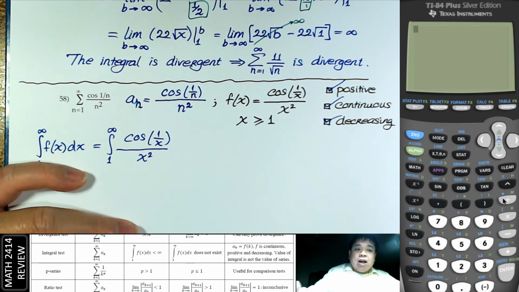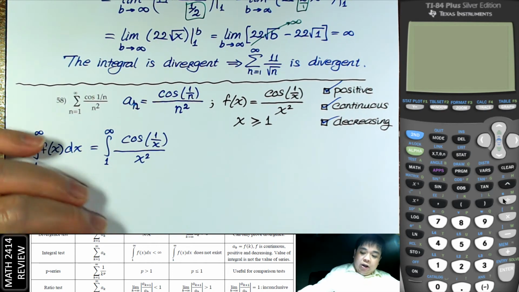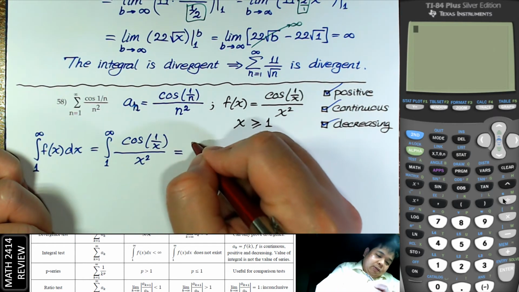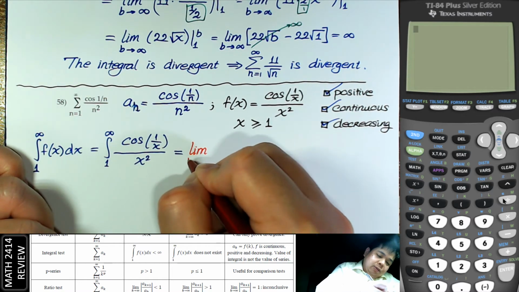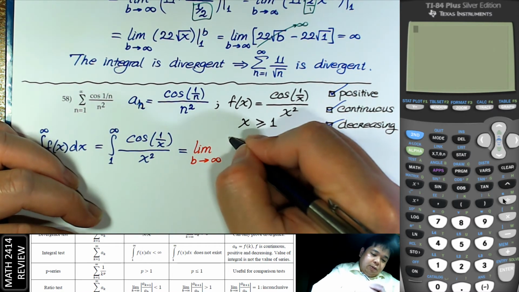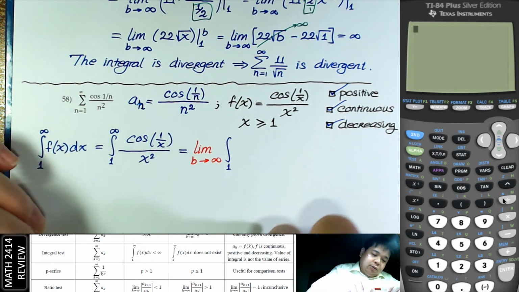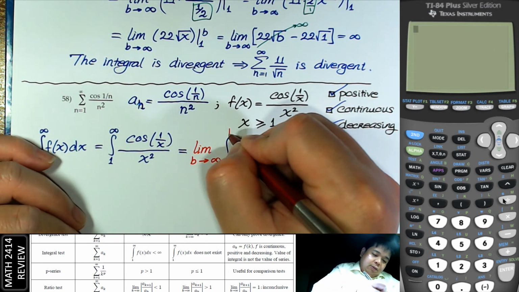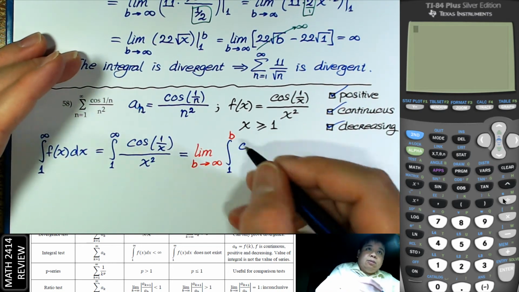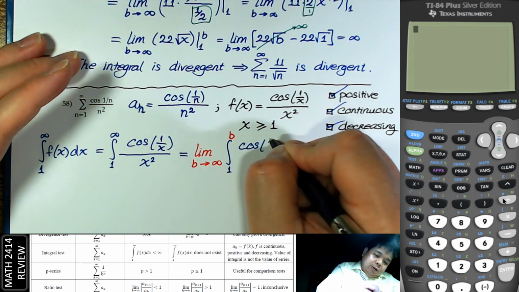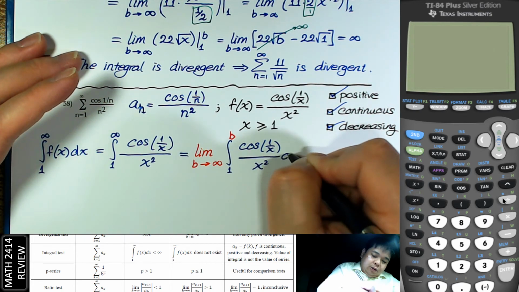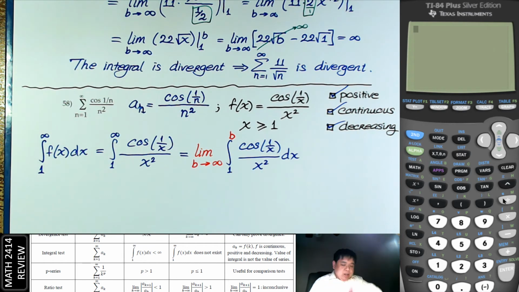The first thing we know is that it is an improper integral. Right, how do we integrate this?